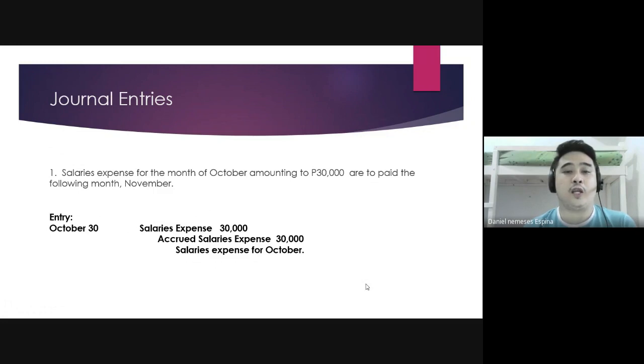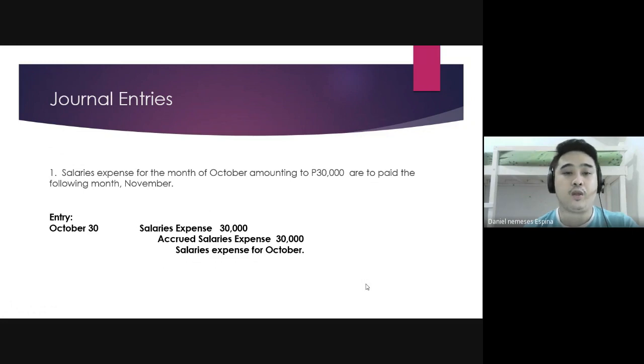When you benefited is when you recognize the expense. For example, you benefited from the work of your employee during that month, then you have to record the expense also in that month. Although you paid it the next month, the payment does not match, because the benefits were already received in the previous month.